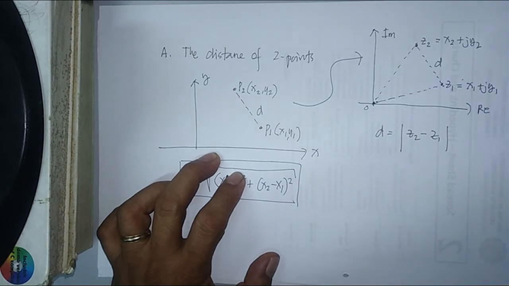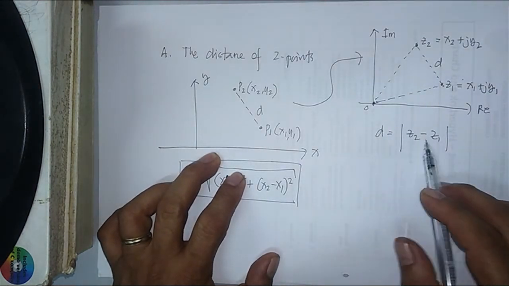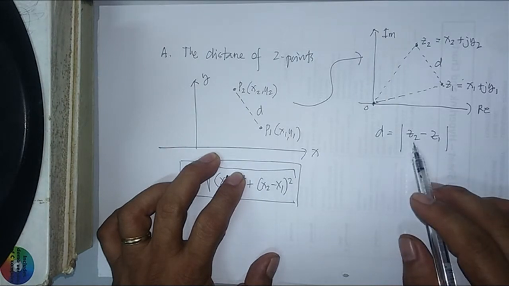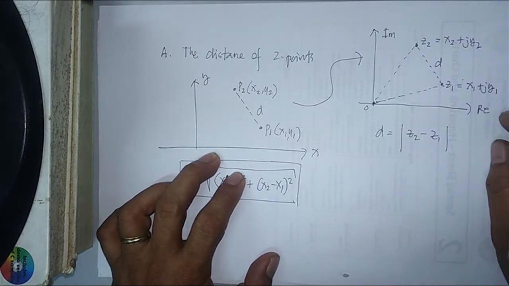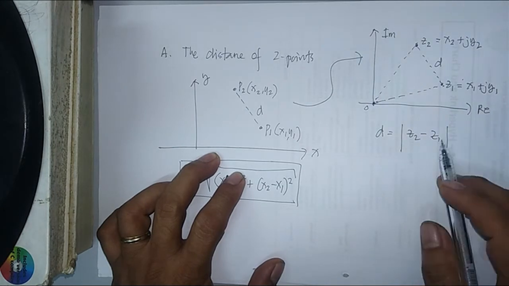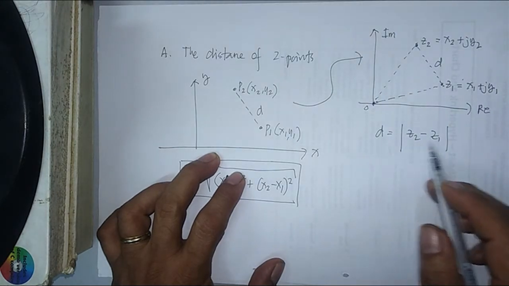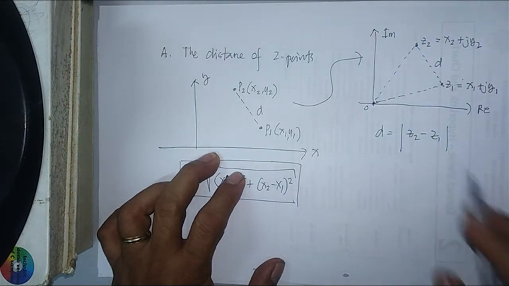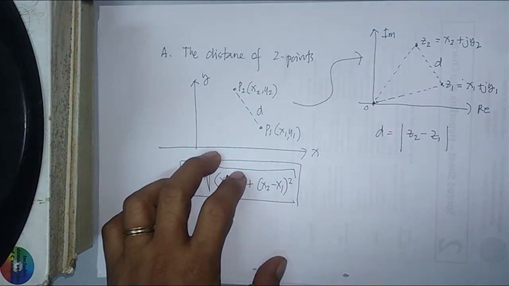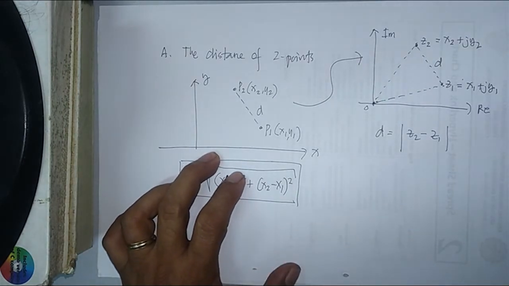That was explained in your first topic. Z2 minus Z1 is actually a complex number, so the distance is the magnitude of the difference between your complex numbers.